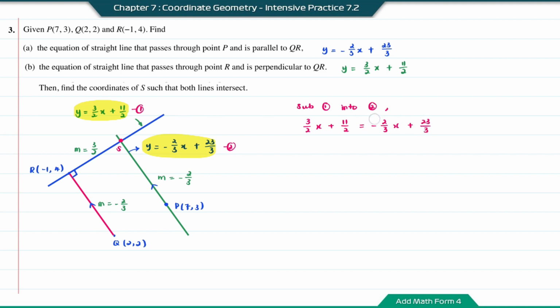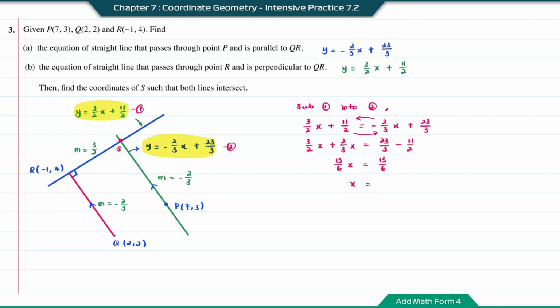To solve for x, we're going to collect the x on one side and the numbers on the other side. So 3 over 2x plus 2 over 3x is equal to 23 over 3 minus 11 over 2. We get 13 over 6x is equal to 13 over 6.